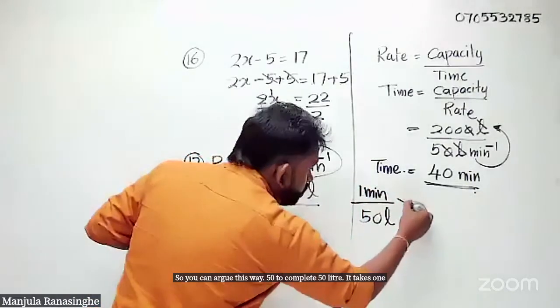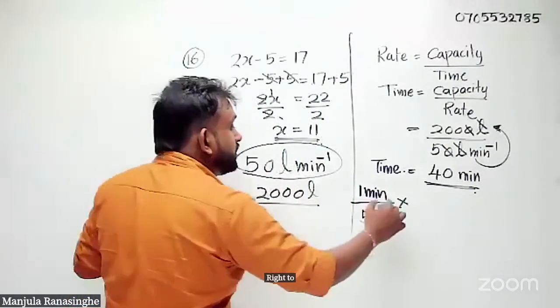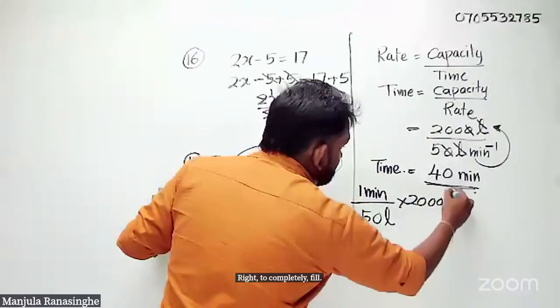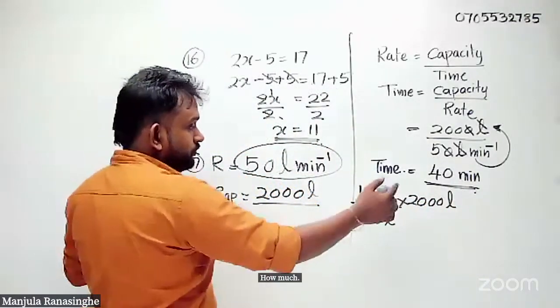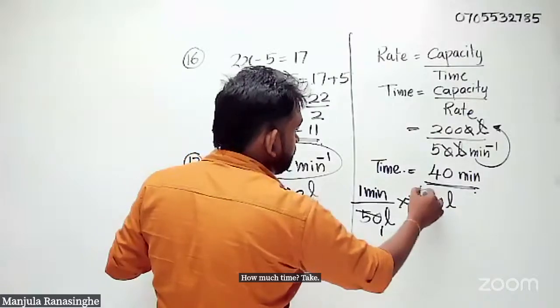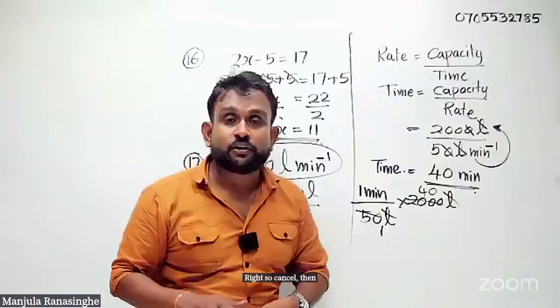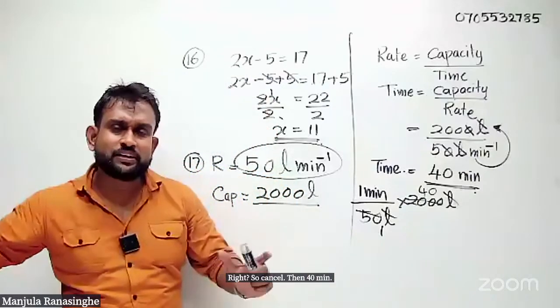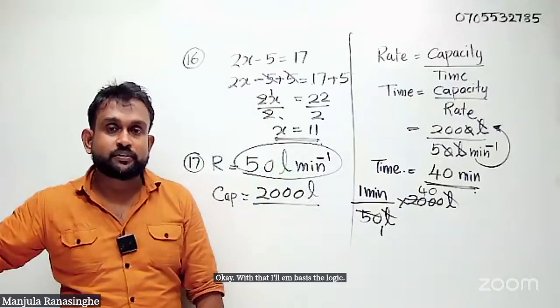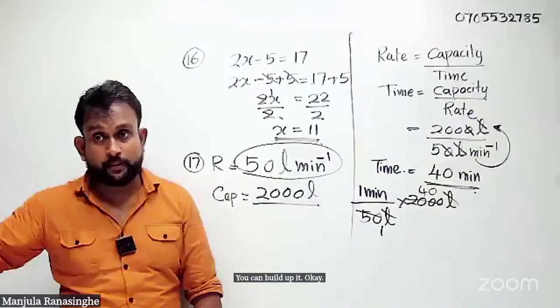If that's so, to completely fill 2000 liters, how much time is taken? You can simplify, so cancel, then 40 minutes. Okay, with the basis, the logic, you can build it up. Both are okay.